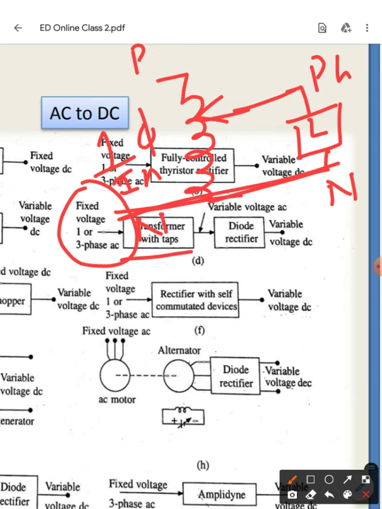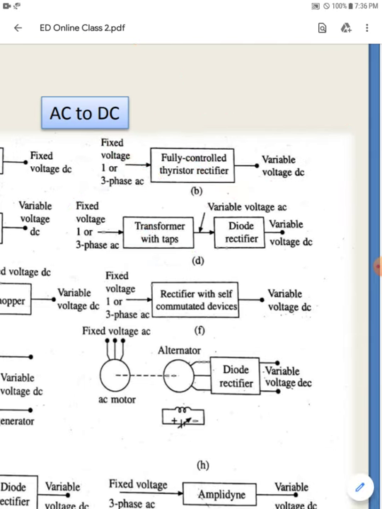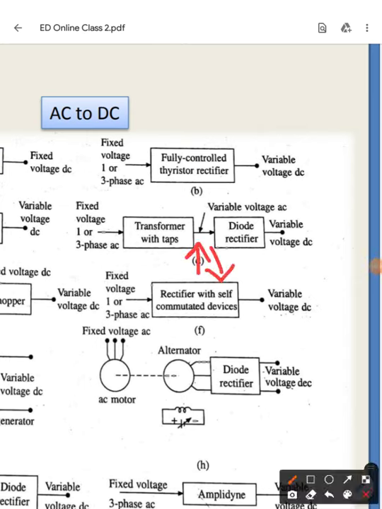So if a single phase supply is connected to this transformer, one tap changing transformer is there. By connecting this tap changing transformer, we will get variable AC output voltage from the transformer.